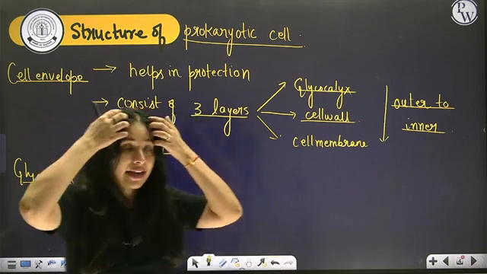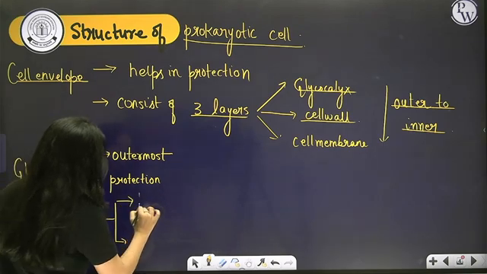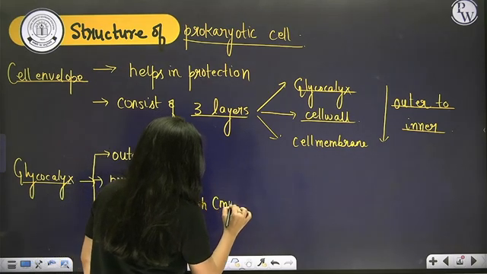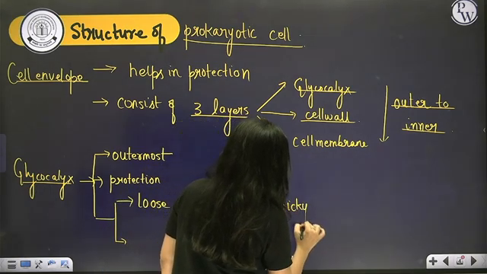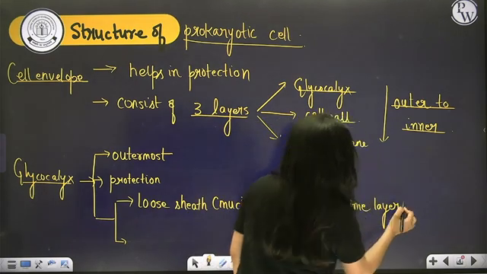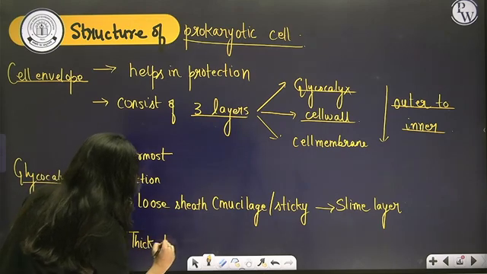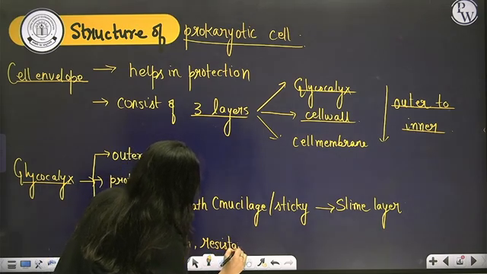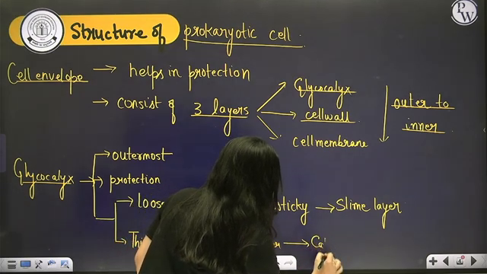So this glycocalyx can be present in two forms: either in the form of a loose sheath, mucilaginous meaning sticky, which is known as slime layer; however, if it is present in the form of a thick, tough, resistant layer, then it is known as capsule.